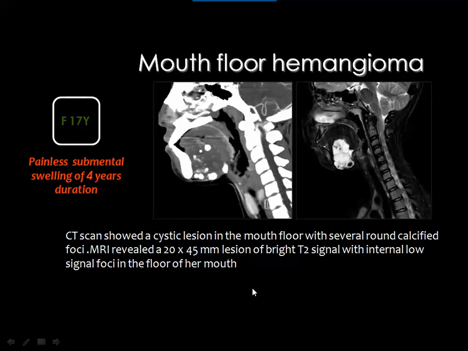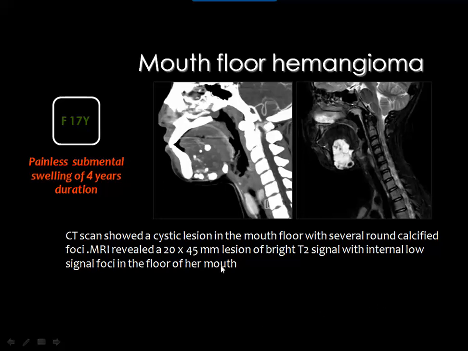Also, sometimes you are confronted by this lesion, which is classic in appearance by CT and by MRI. This lesion is a cystic lesion in the floor of the mouth with multiple foci of calcification representing phleboliths. And you know the presence of phleboliths in an enhancing soft tissue mass is one of the helpful diagnostic criteria for hemangioma of the floor of the mouth.